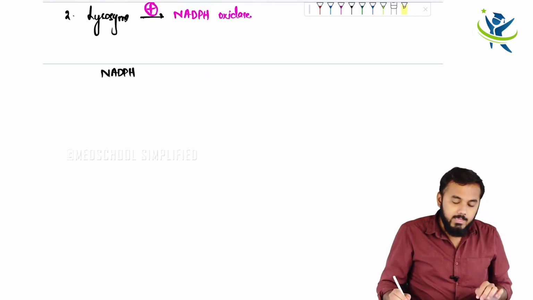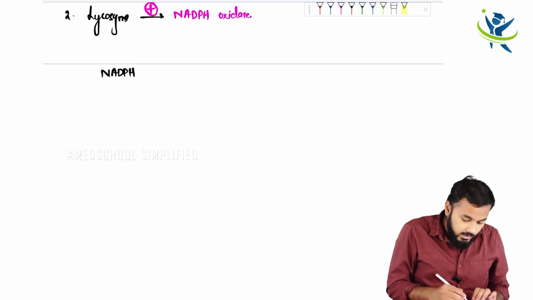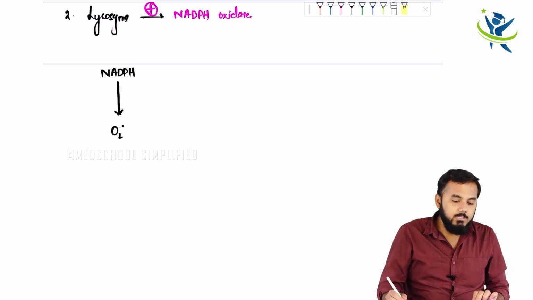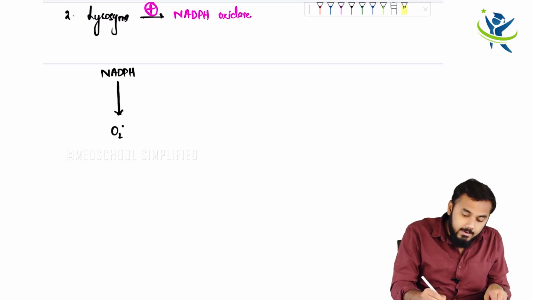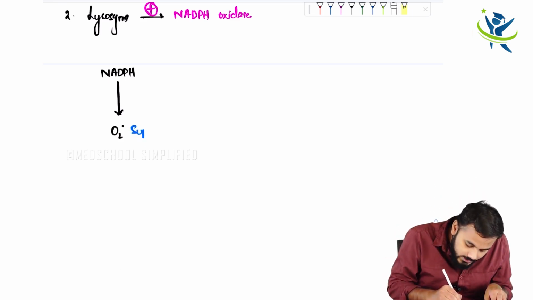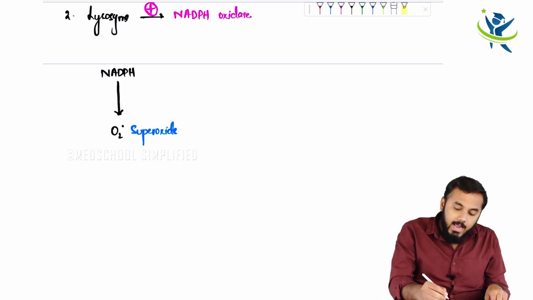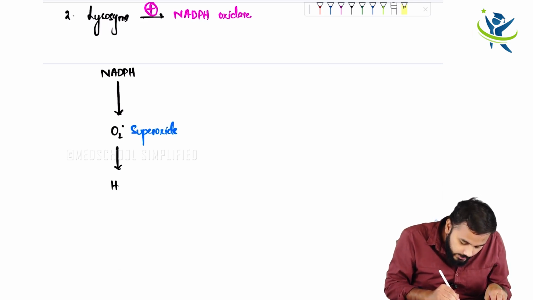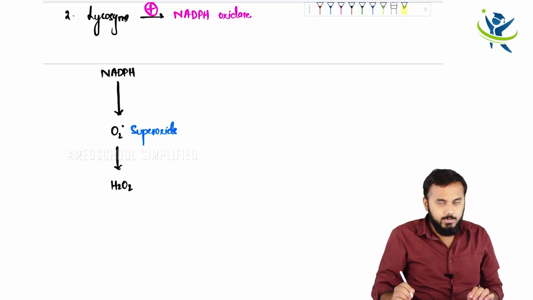NADPH will first be converted into O2 dot, which means superoxide radical. And this O2 dot will further be converted into H2O2, which is hydrogen peroxide.